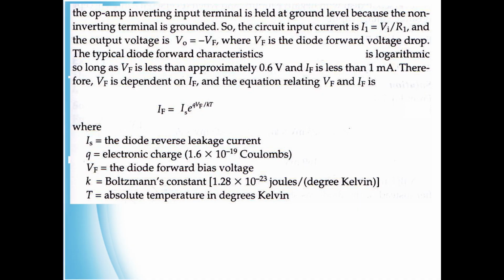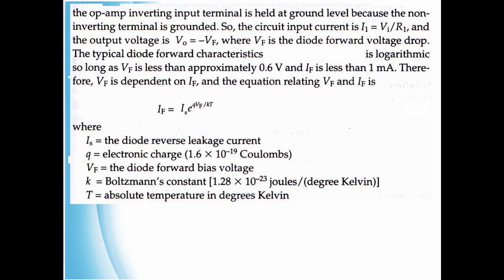The typical diode forward characteristic is logarithmic in nature, so long as Vf is less than approximately 0.6 volt and If is less than 1 milliampere.